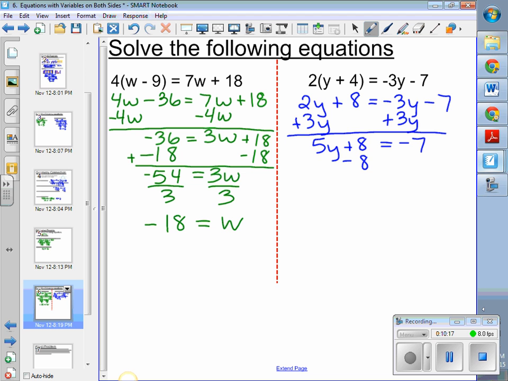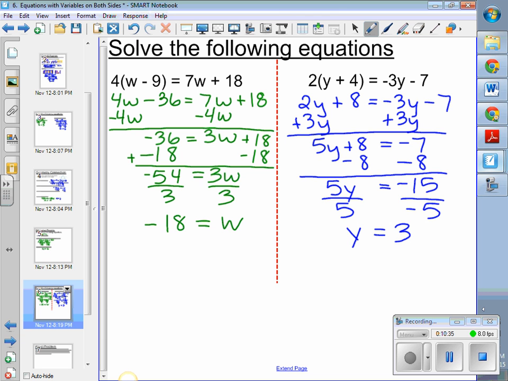Subtract 8 from both sides. 5y equals negative 15. I'm going to divide because I'm doing the opposite of multiplication. Do that on both sides to keep them balanced. y equals 3 because a negative divided by negative is positive. And last.